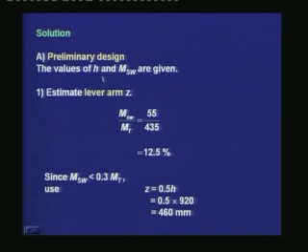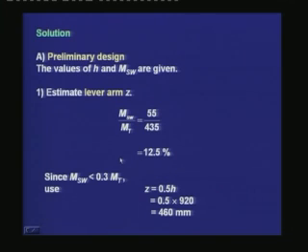First, we are doing the preliminary design. For this particular problem, the value of h is given, which is 920 millimeters, and M_sw is also given. We are estimating the lever arm z based on the ratio of M_sw by M_T.